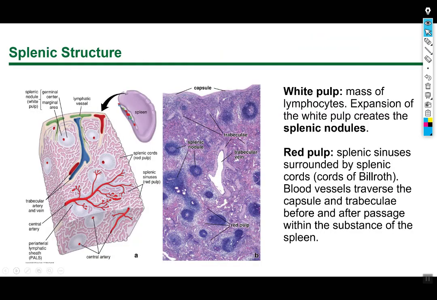So here's the general structure of the spleen. As I mentioned, the white pulp is lymphocytes, and let's not forget macrophages. And expansion of this creates the splenic nodules. So this looks like lymphatic nodules, but they're deep in where the medulla would be on a lymph node.